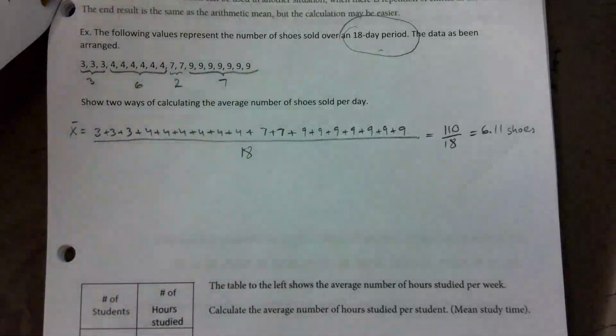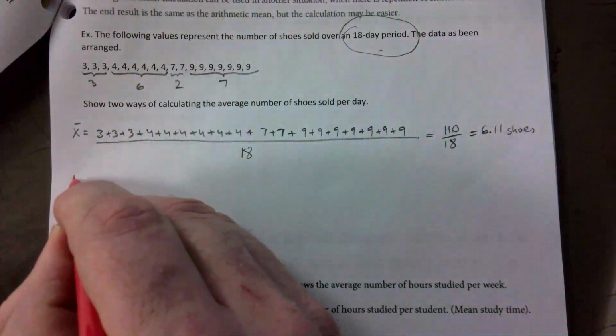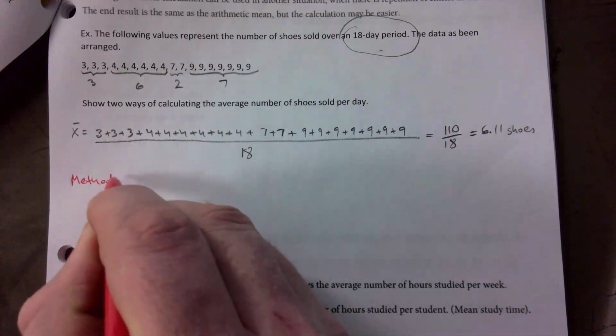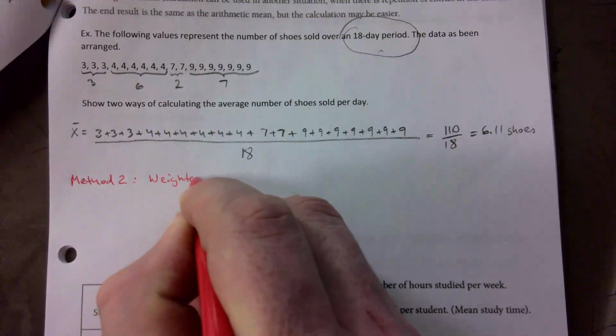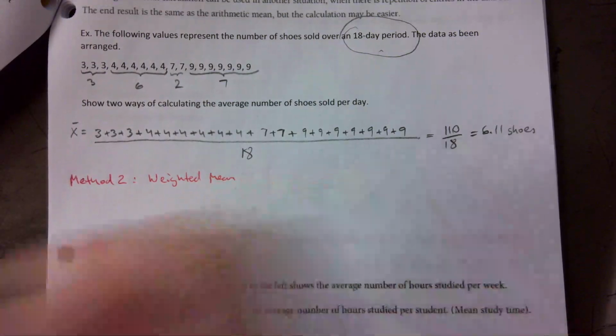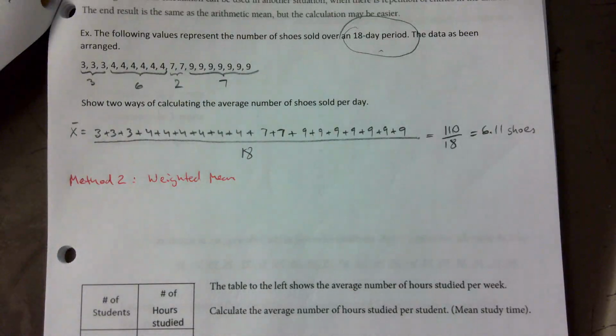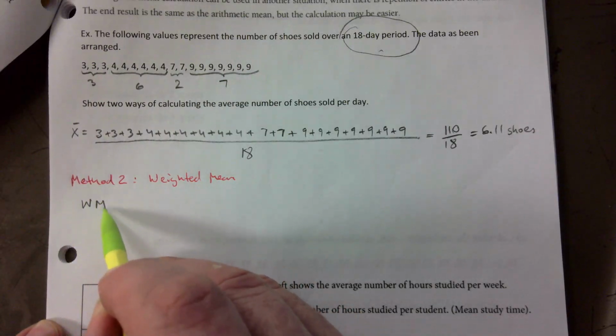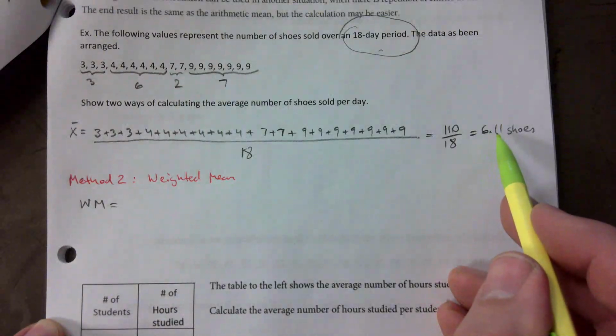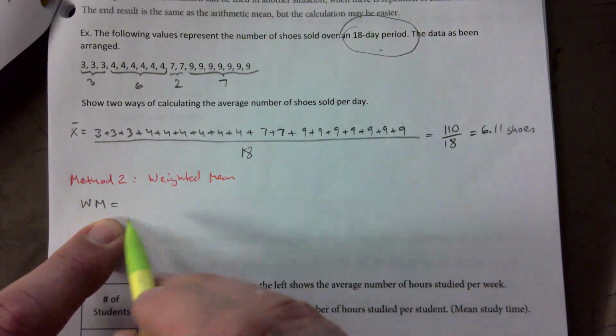Then it's method number 2. The weighted mean method, it's still going to give us the same answer, okay? But we're going to go like this.